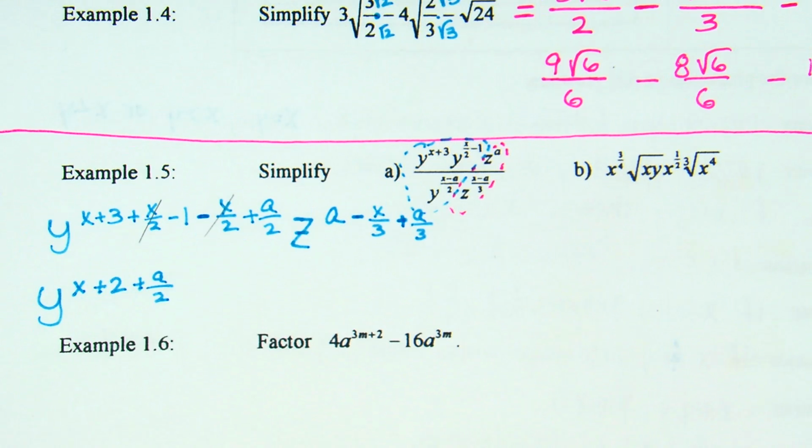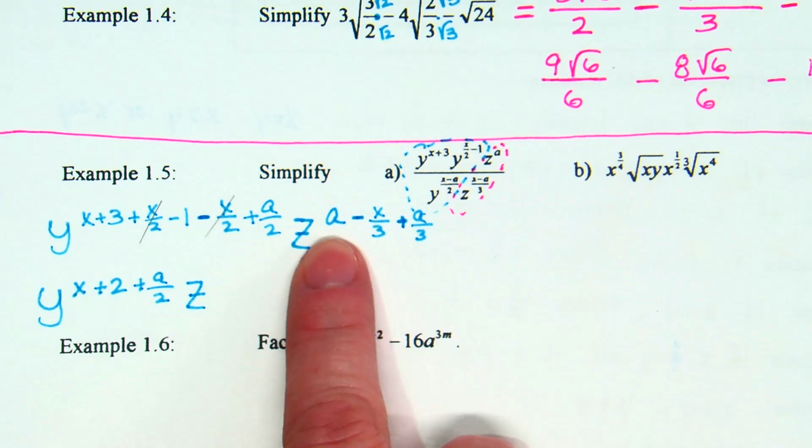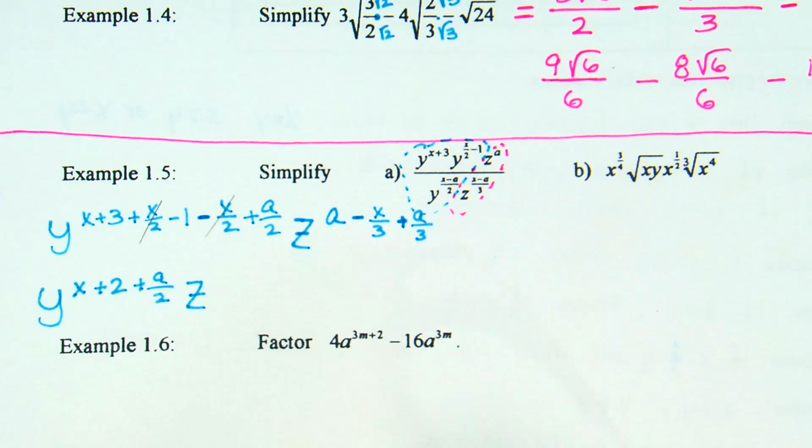Okay, z. We have a 1a and an a over 3. So a over 3 is like thinking 1/3 a. So we have a 1a plus a 1/3 a. Or what's 1 plus a third? 1 1/3, which improperly becomes 4/3.